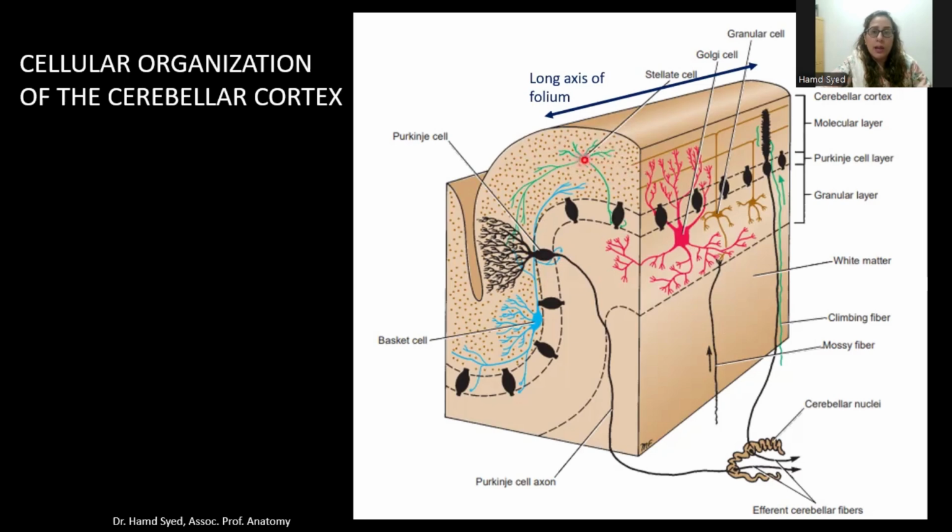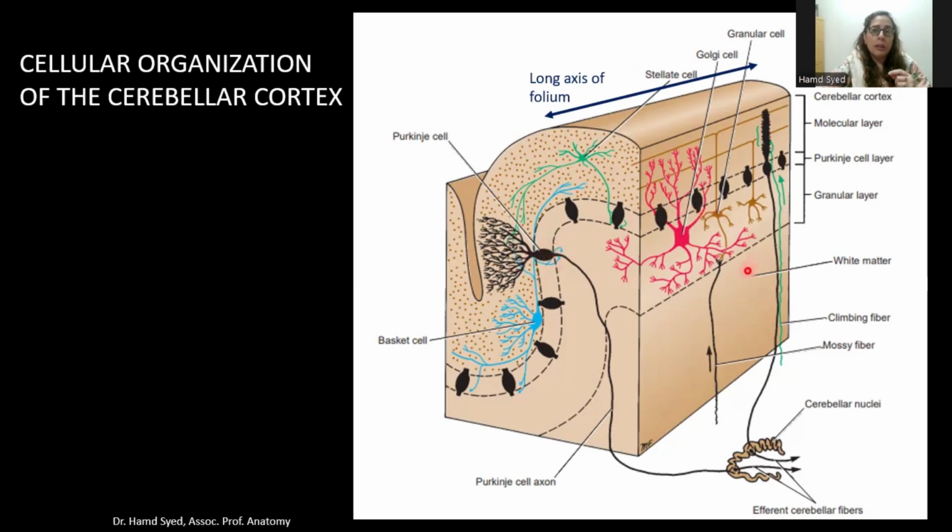Also, the axons of stellate cells will synapse with the dendrites of the Purkinje cell, and the axons of the basket cell will wind around the body of the Purkinje cell in the form of a network, also called a basket. That's why we call them the basket cells.